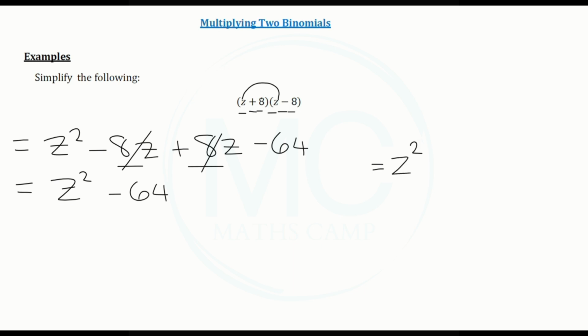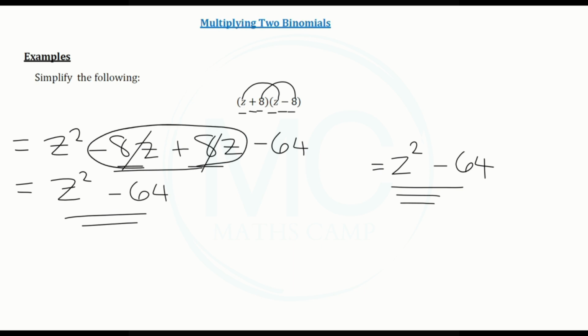And then we multiply 8 by negative 8, and we get negative 64, which is the answer over here. And the reason that we can do this is, as you can see over here, the middle terms cancel out. This is always a good trick to use, especially in your examinations.